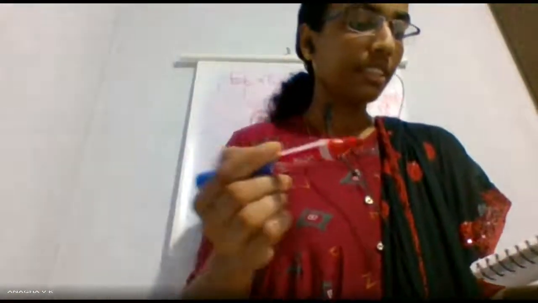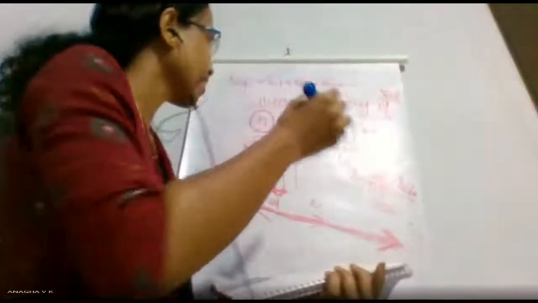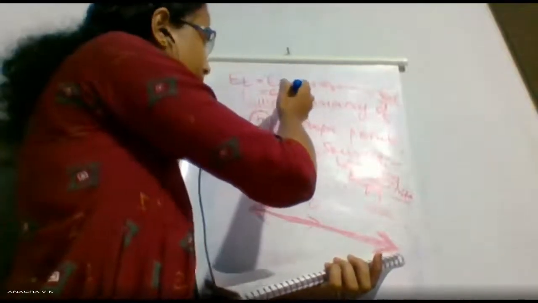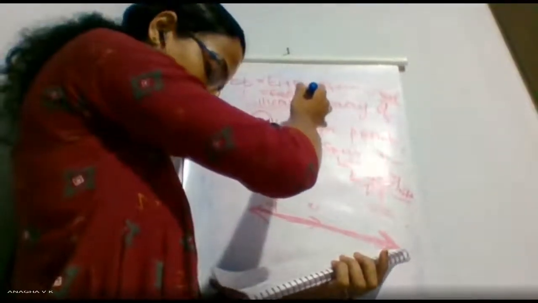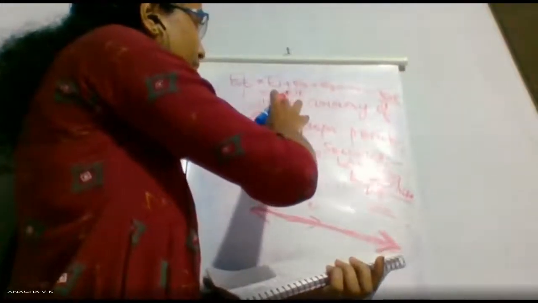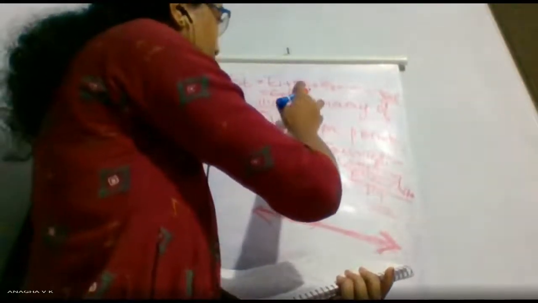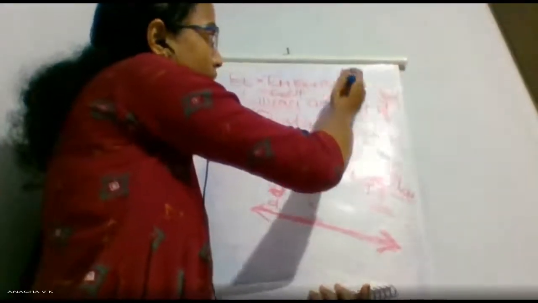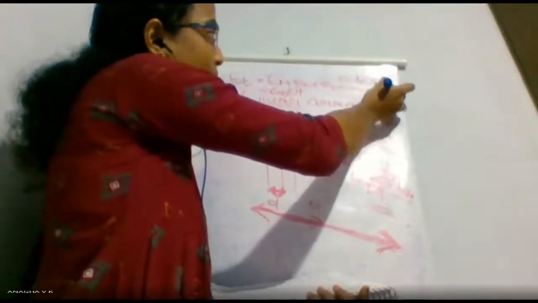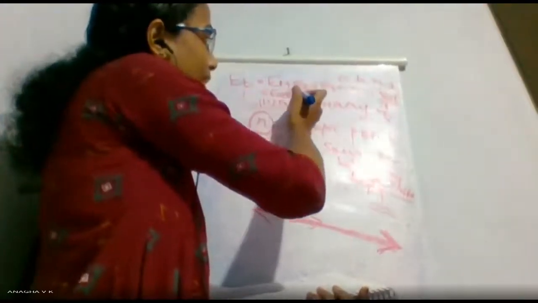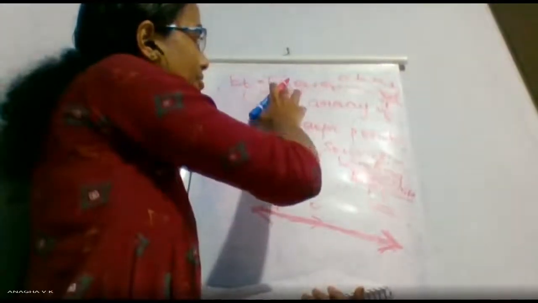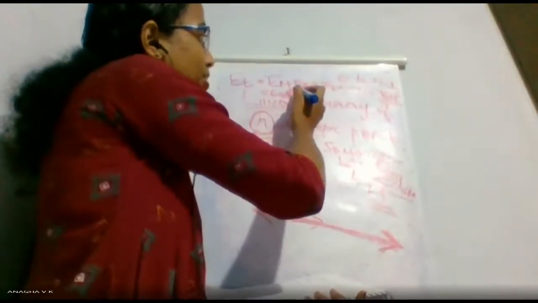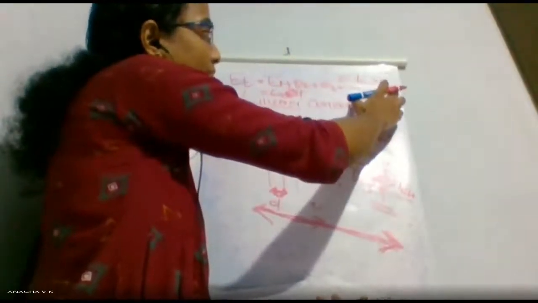What is E1? E1 is E naught e raised to 0j psi. Here the suffixes are from 1 to N, so the indices will be from 0 to N minus 1.